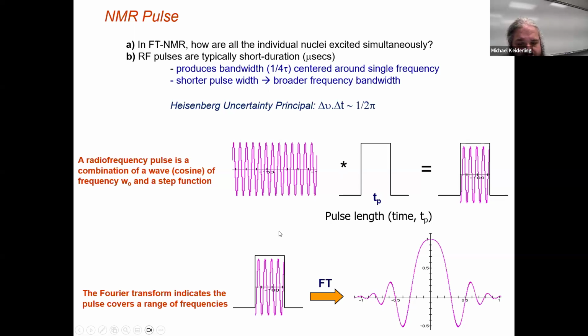If you do a long pulse, you'll excite fewer frequencies, but a short pulse will excite more.